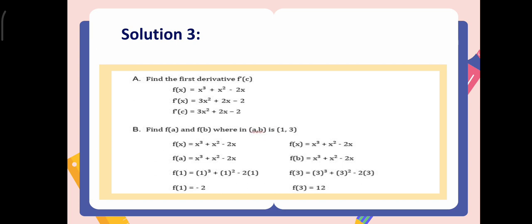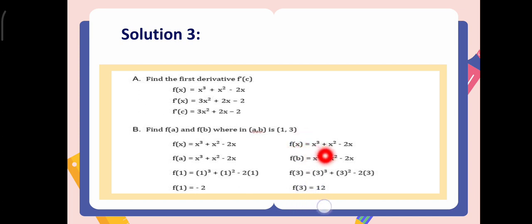So, f of 1 is equal to 1 cubed plus 1 squared minus 2 times 1. The answer is negative 2, because 1 plus 1 is equal to 2, and 2 minus 2 is 0... so, 1 plus 1 minus 2.